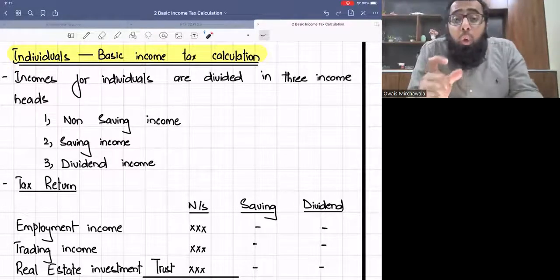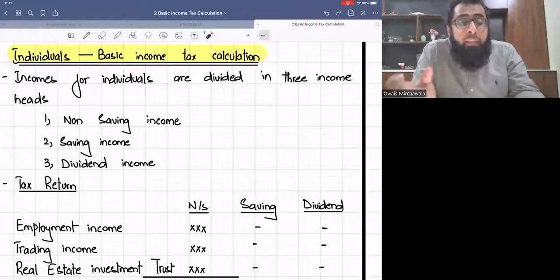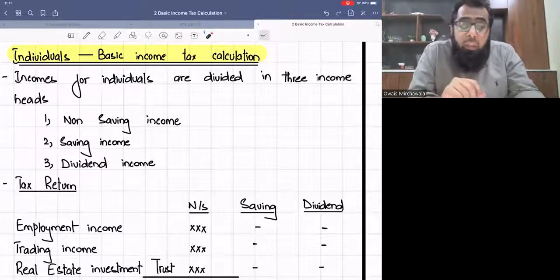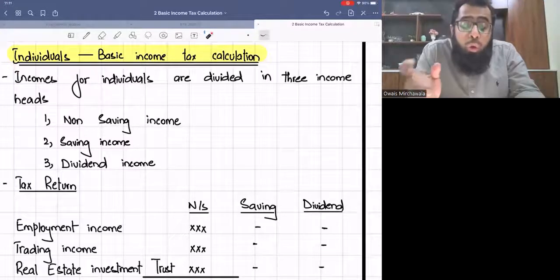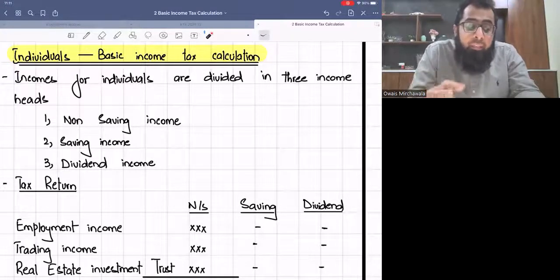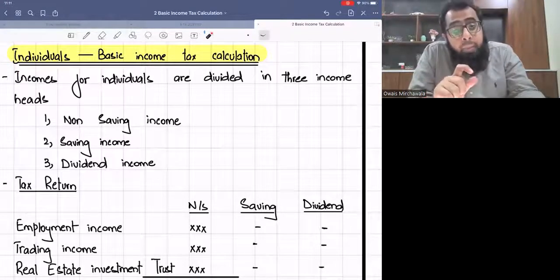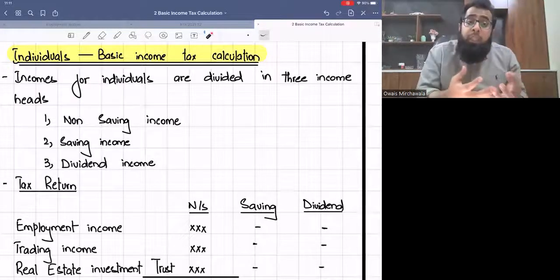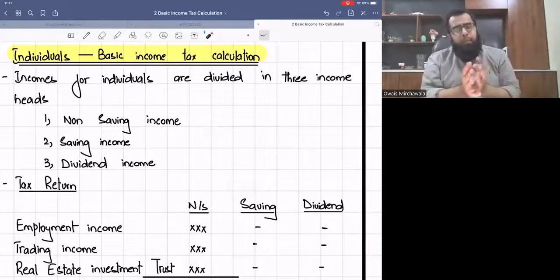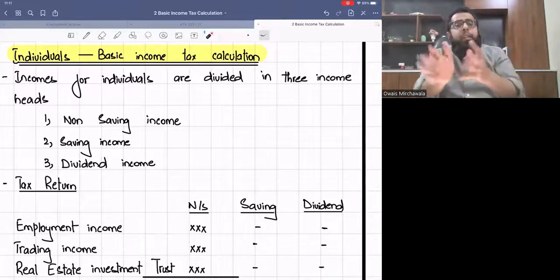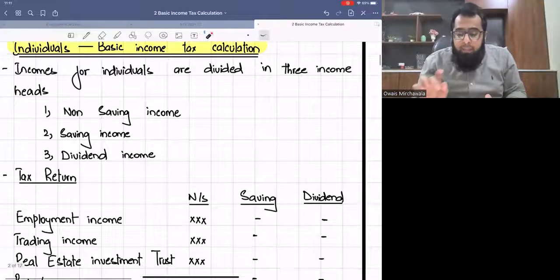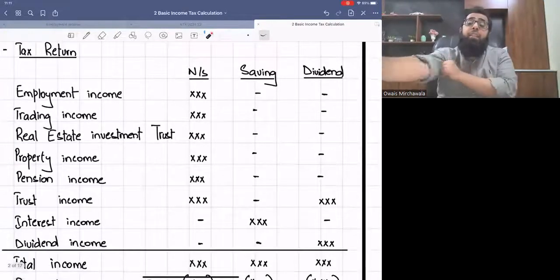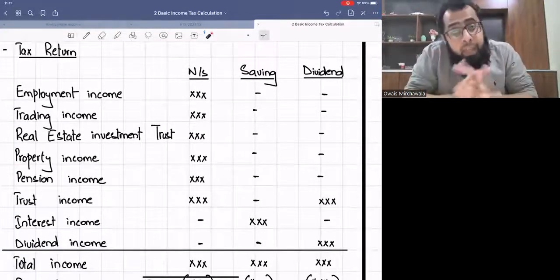Non-saving includes all the incomes except interest and dividend. It includes employment income, trading income, property income, all the incomes except the interest and dividend, because the interest and dividend are classified in their separate heads.